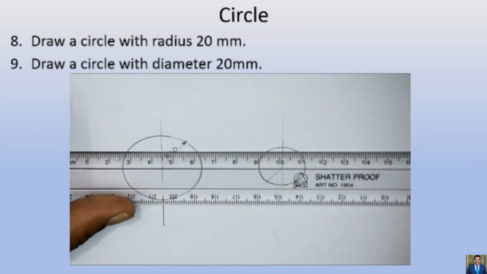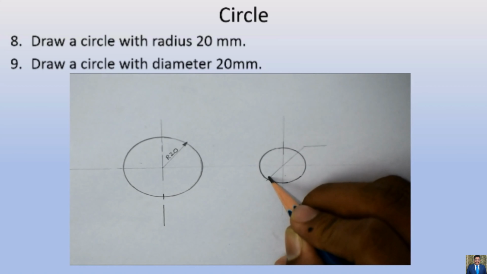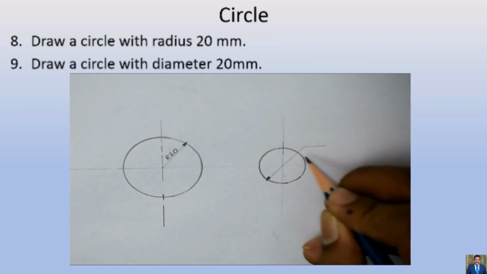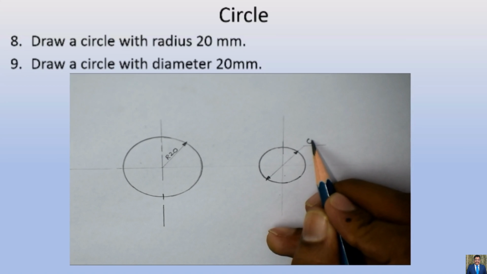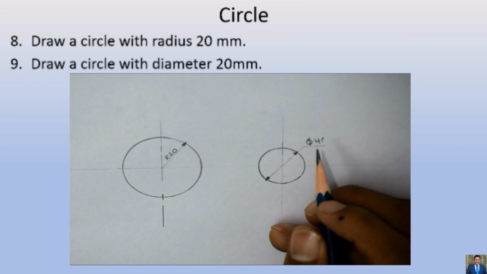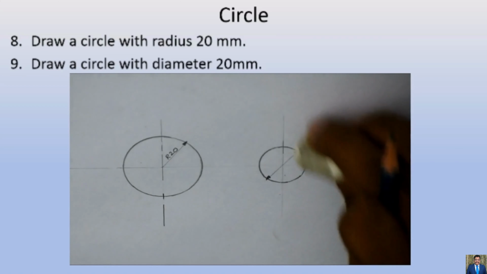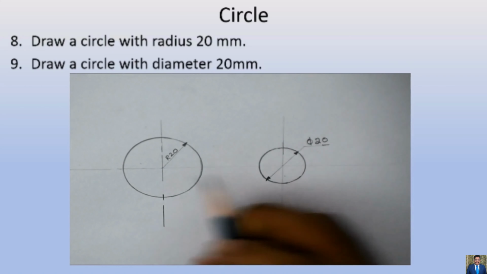Now observe the difference between these two circles. When the radius is 20, you have that circle on your left hand side. When the diameter is 20, it looks half in size, because when the radius is 20 mm, it means 40 mm diameter, and on your right hand side the diameter is just 20.